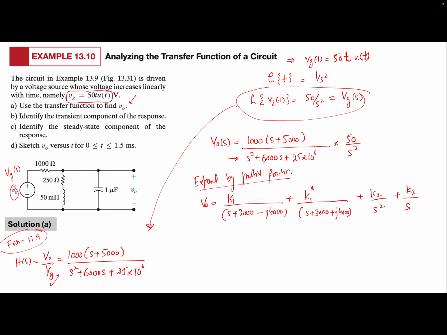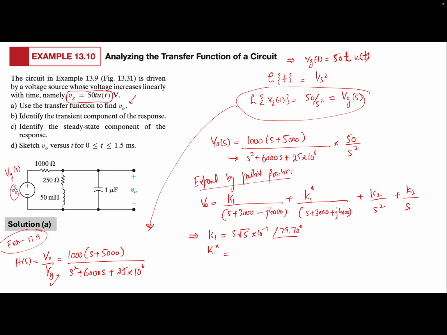We have solved many similar example problems for this partial fraction, so I'm not going to do it now. I'm just going to write the answers for K1, K1 prime, K2, and K3. In the previous Laplace transform chapter, we did many examples of partial fraction expansions. The value of K1 comes out to be 5 square root 5 times 10 to the minus 4 and angle 79.70 degrees.